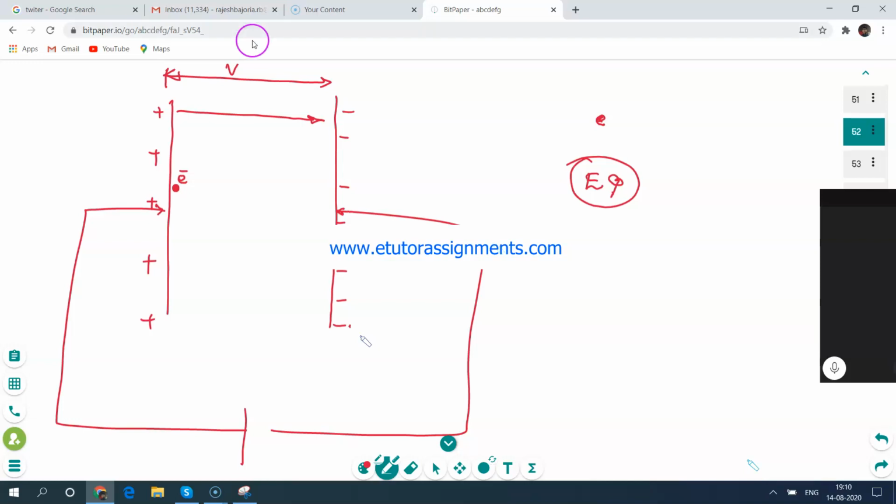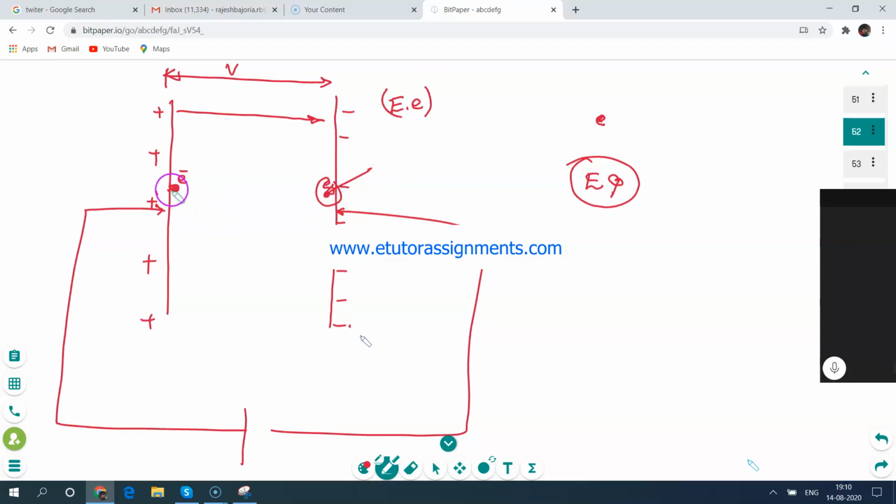But here I have taken the negative charge which is just nearby the positive charge plate. So the electron will be attracted by the positive plate. If the electron were here, its energy would be E times Q, the charge of the electron.